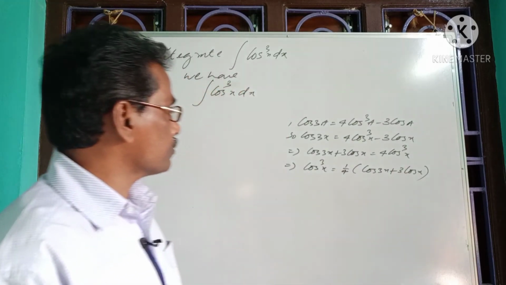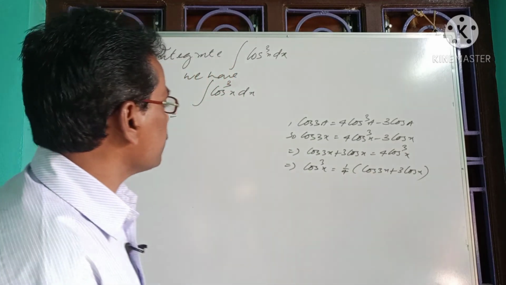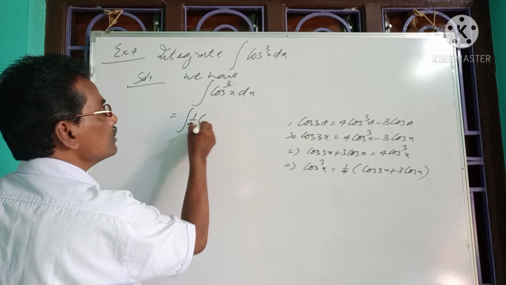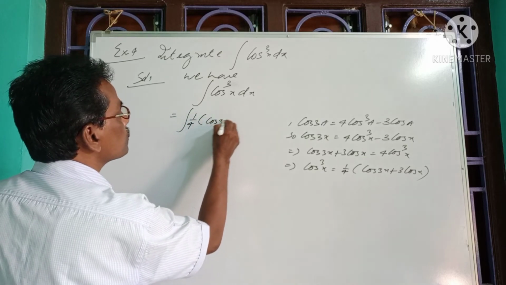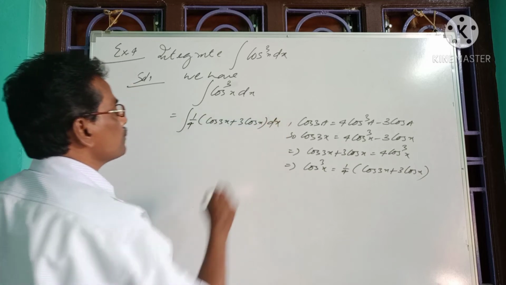So now substituting 1 by 4 whole into cos 3x plus 3 cos x in the place of cos cubed x, we have the integration of 1 by 4 whole into cos of 3x plus 3 cos x with respect to x.